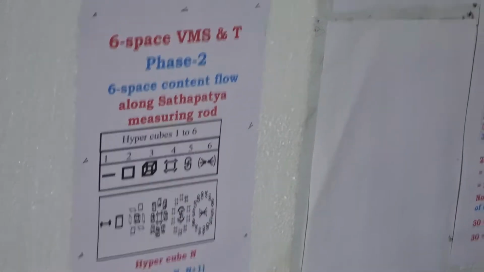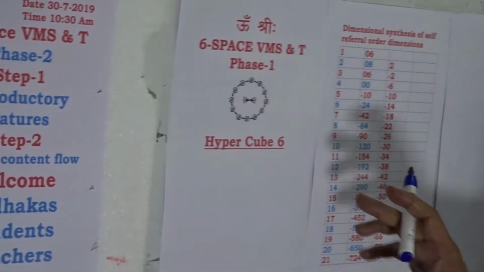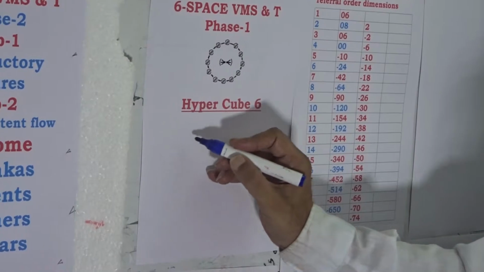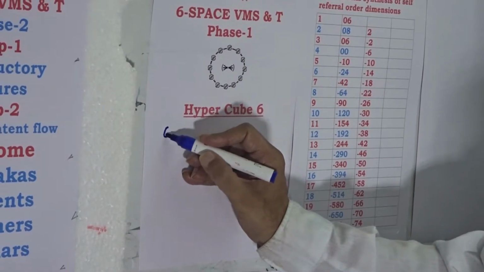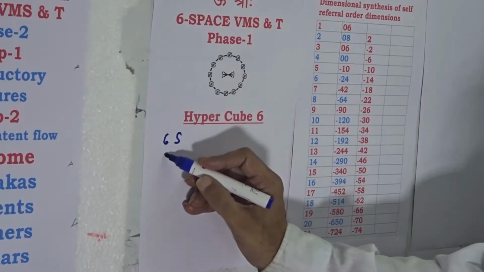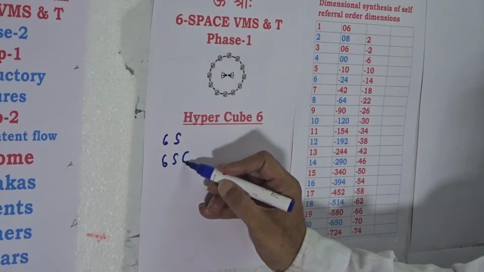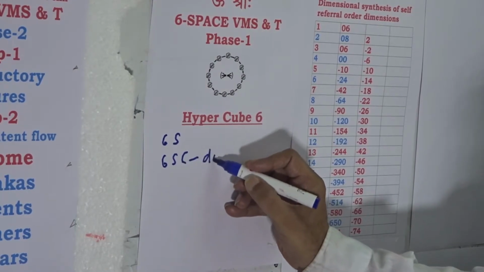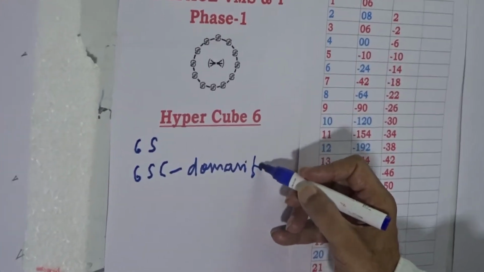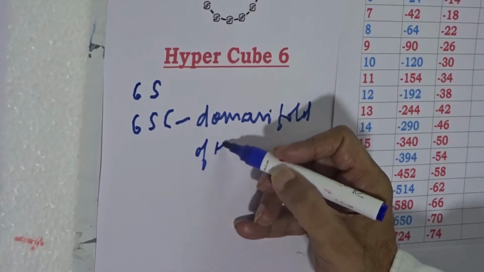In Phase 1, we have been exposed to Hypercube 6, and we know Hypercube 6 is a 6 Space body. It is a 6 Space content manifesting as domain fold of Hypercube 6.